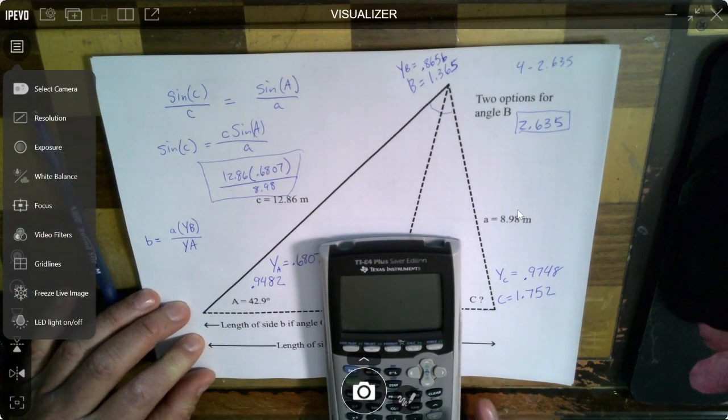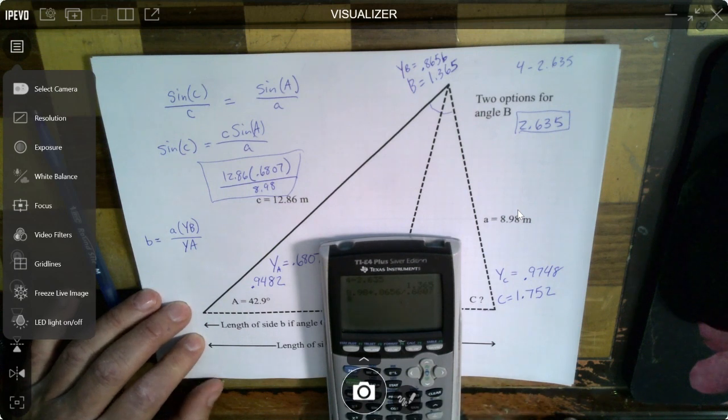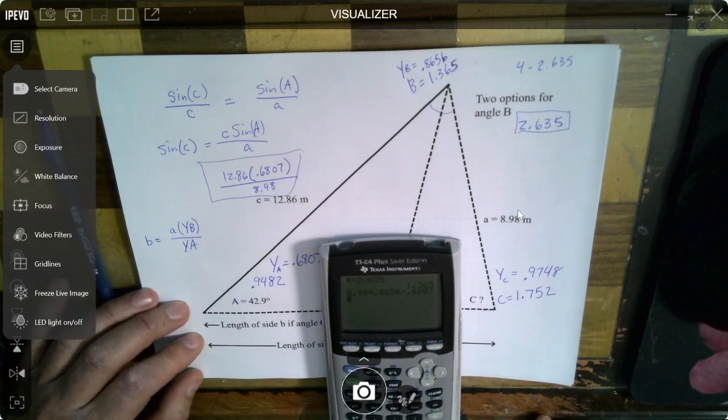If we take side A, which is 8.98, times the sine of B, which is 0.8656, divided by the sine of A, which is 0.6807. I almost entered the angle instead of the sine ratio.